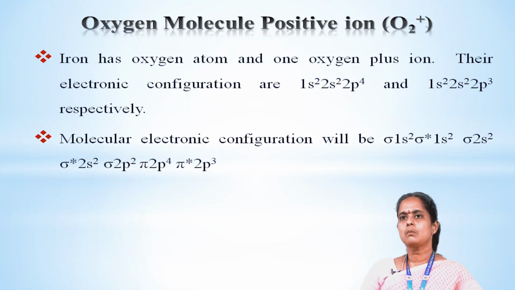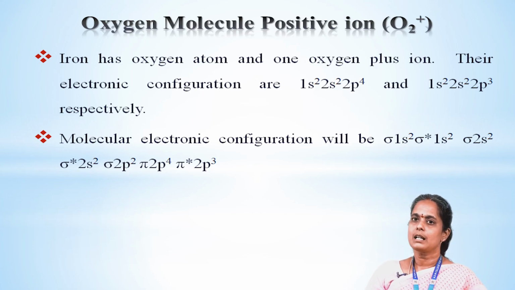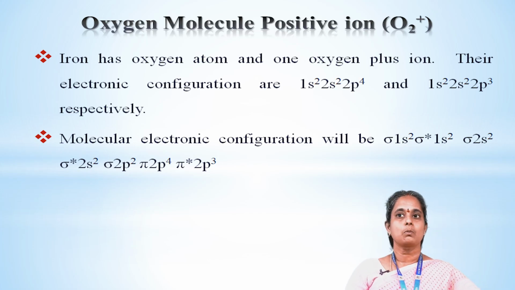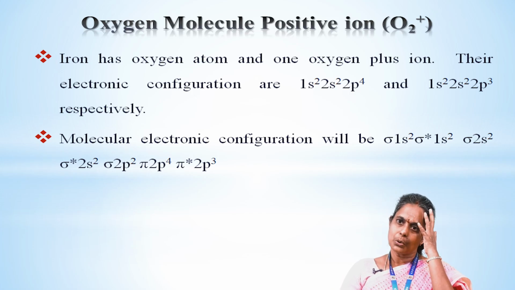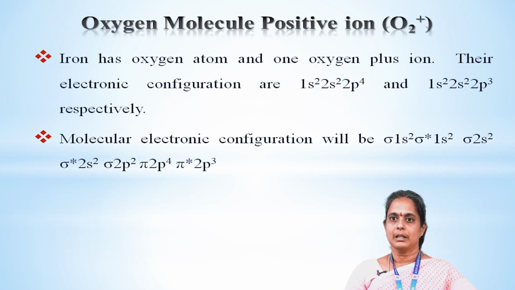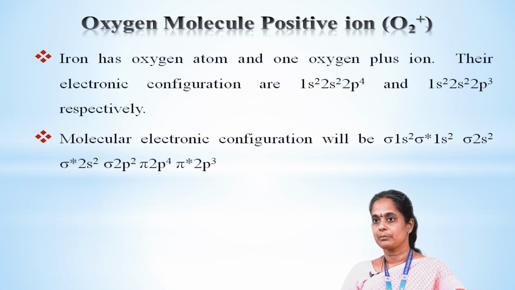Now the oxygen molecule positive ion. This ion has an oxygen atom and an oxygen positive ion. Their electronic configurations are 1s2, 2s2, 2p4 and 1s2, 2s2, 2p3 respectively. Thus, they have 6 plus 5, 11 electrons in their valence shell.